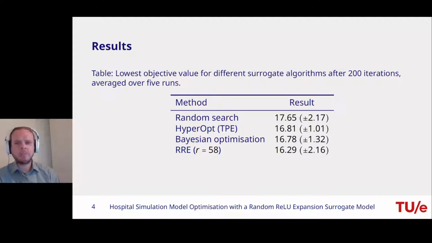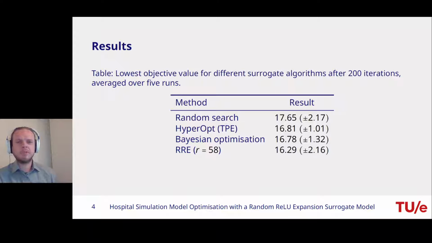Then we compared our method, which gave even better results. However, the variance was quite high, and we hypothesized that this was due to one hyperparameter of our model, this small letter r, which indicates how many random search samples we start with. So all of these methods start with just some random exploration, and only then is the surrogate model used.